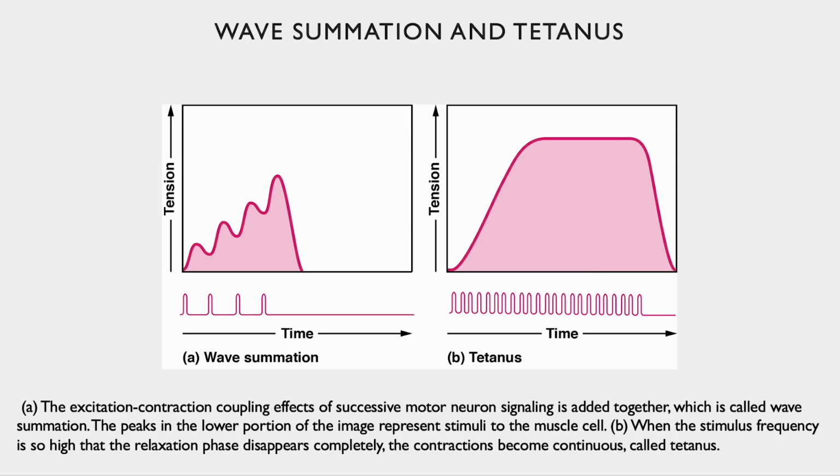All those concepts are very important to understand how muscles contract and how we develop tension in the muscle. There are two ways: by stimulating the muscle more frequently or by recruiting more motor units in the muscle.